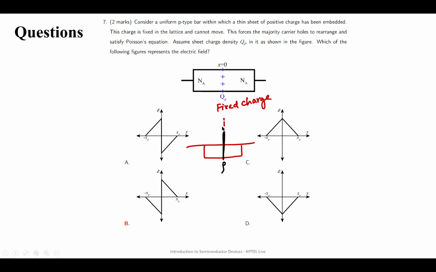But when you integrate over this delta region, you will get some very high electric field value. So that will cause the electric field to jump from a negative value to a positive value, and from there it will continue to have a negative slope. So it's a negative slope, then a jump, then again a negative slope.